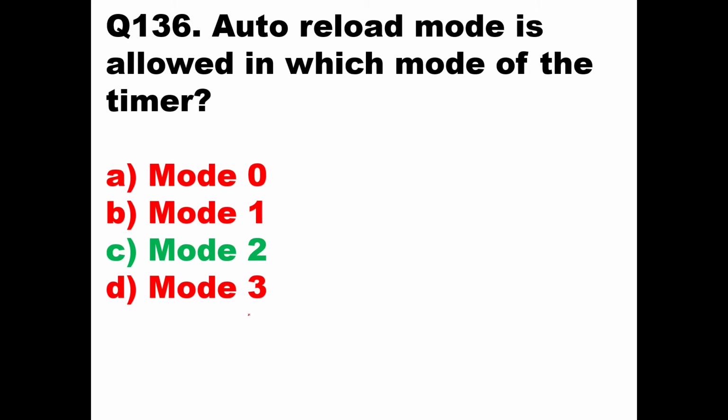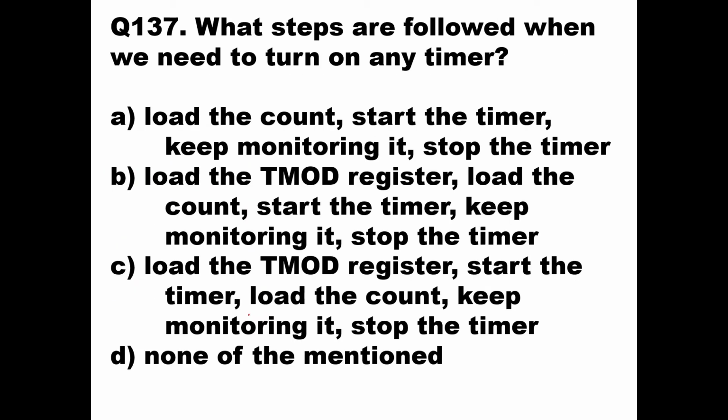Once your timer has counted, the count will be reloaded automatically only in mode 2. So here the answer should be C, mode 2. Then we'll go to the next question. Question number 137. What steps are followed when we need to turn on any timer?